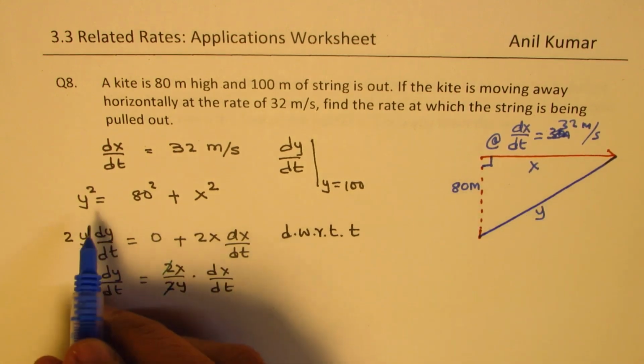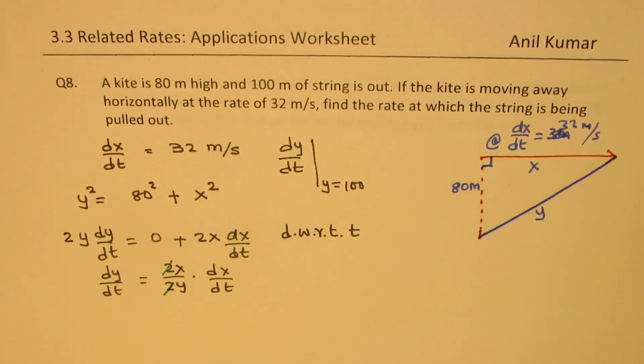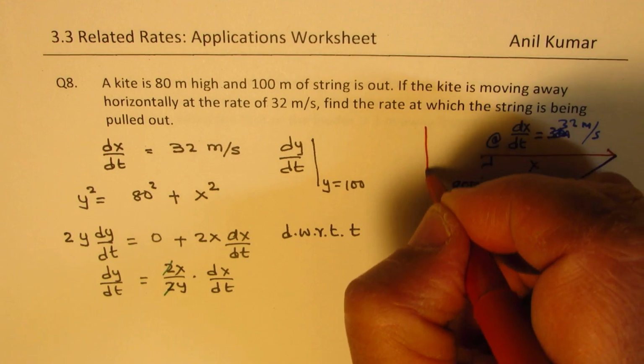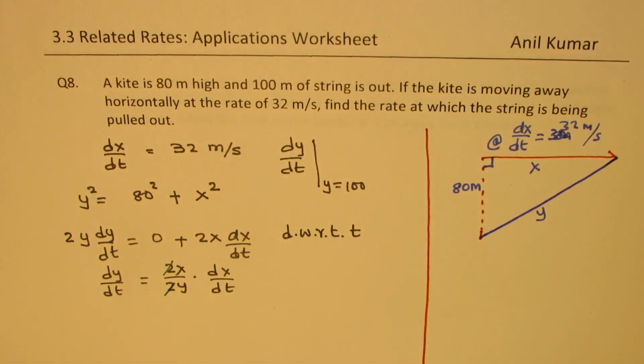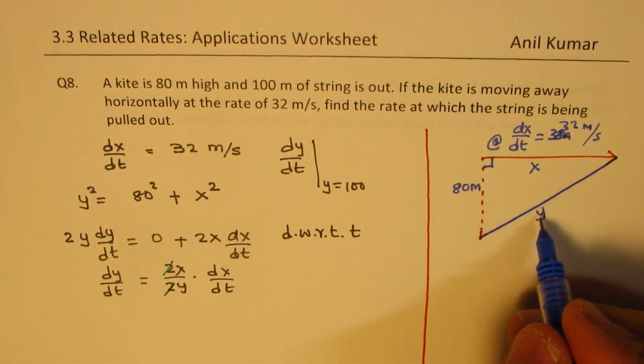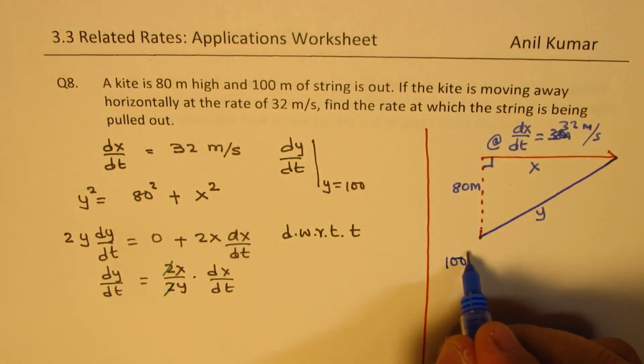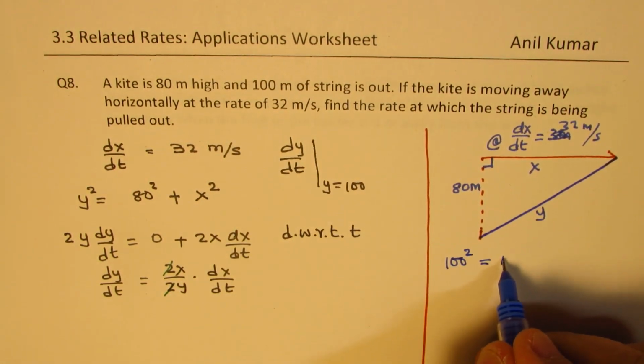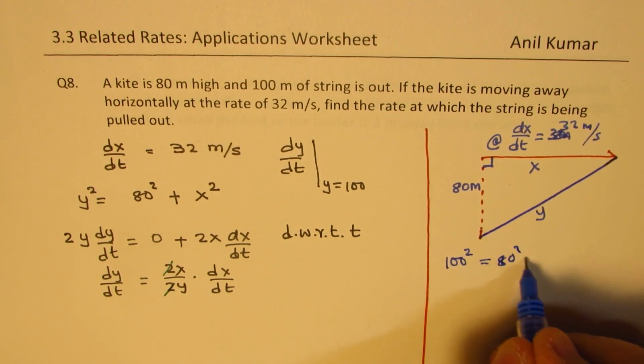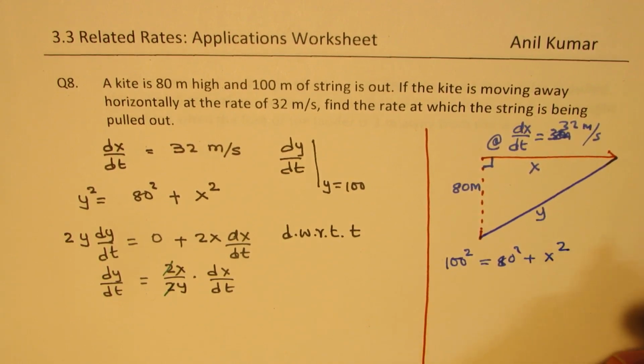So what we get here is we need to find what x is. So we'll work it out. So we know y is 100. So we have 100 square equals, let's say, 80 square plus x square, right?